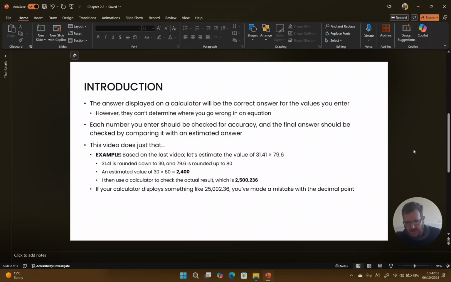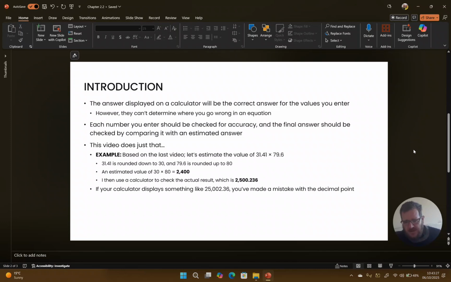I'm going to be rounding each of these to one significant figure, which makes it much easier. 31.41 gets rounded down to 30 because the 1 is less than 5, and the 79.6 gets rounded up to 80. Then we have an estimated value of 2,400, because that's 30 times 80.